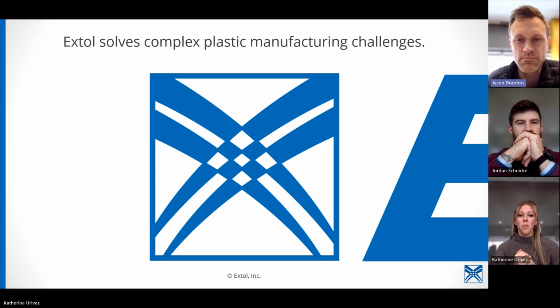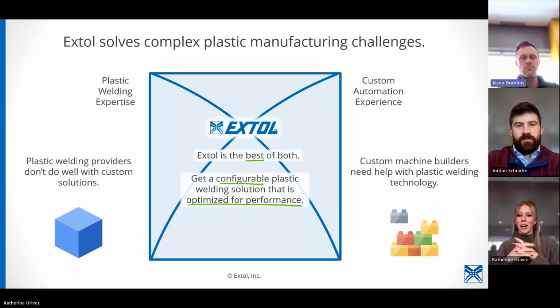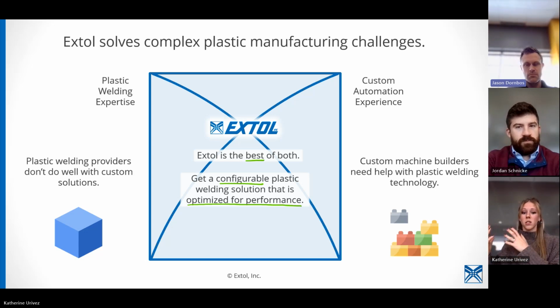But Extol as a company, our goal is to solve your difficult plastic manufacturing challenges. As I'm sure you could tell from this presentation, we've got deep technical expertise in both the equipment and the technology side, so we try to merge those two ideas together. In the industry, you get people who are plastic welding experts, and you get people who have custom automation expertise.